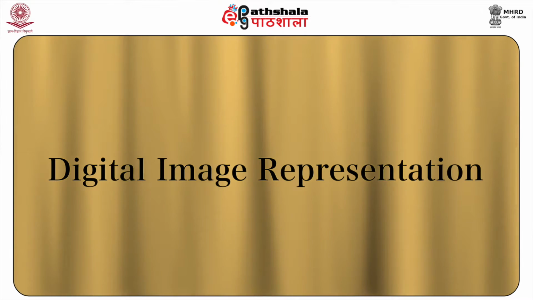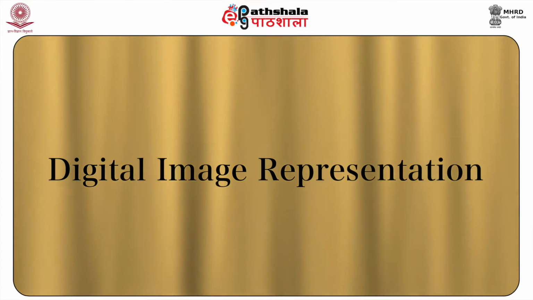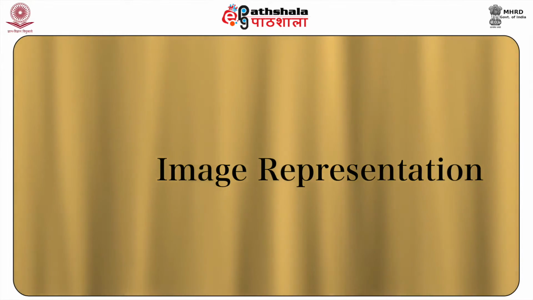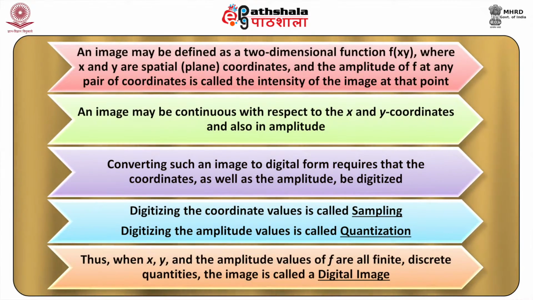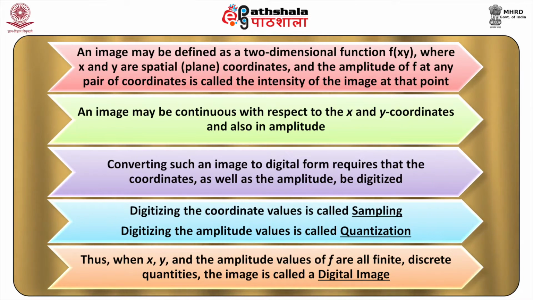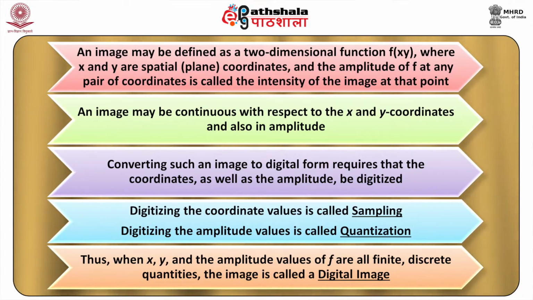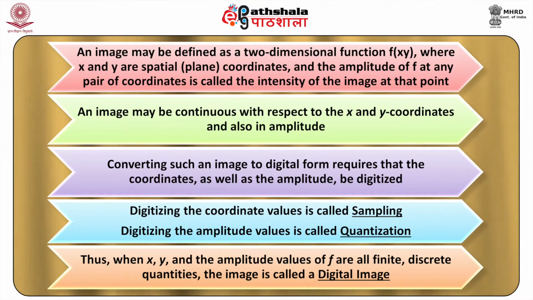In this, we have first the digital image representation. An image may be defined as a 2-dimensional function f(x,y), where x and y are the spatial plane coordinates, and the amplitude of f at any pair of coordinates is called the intensity of that image at that point. An image may be continuous with respect to the x and y coordinates and also in amplitude.